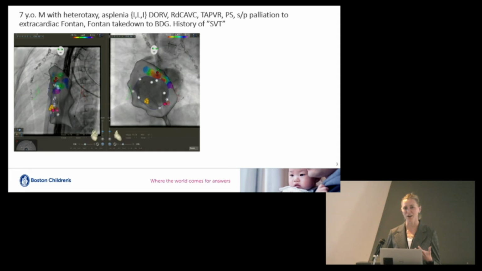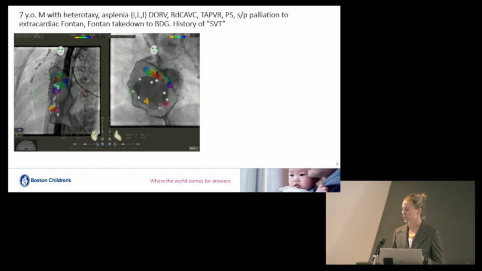So just to anchor us a little bit in some clinical care, I wanted to start with a couple different examples of patients with heterotaxy that have different sides of the EP coin, you might say. One is this patient who is a 7-year-old. He came to our hospital for consideration for a biventricular repair, actually.